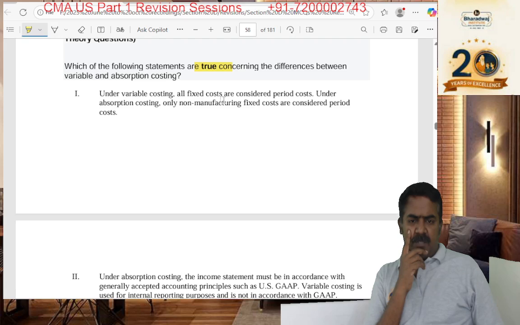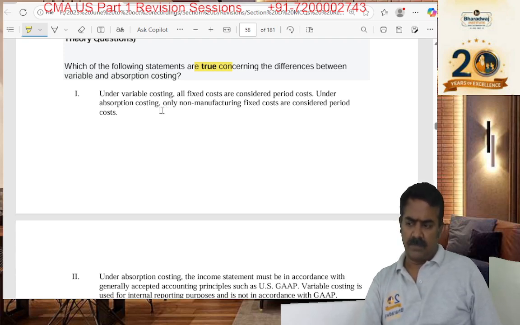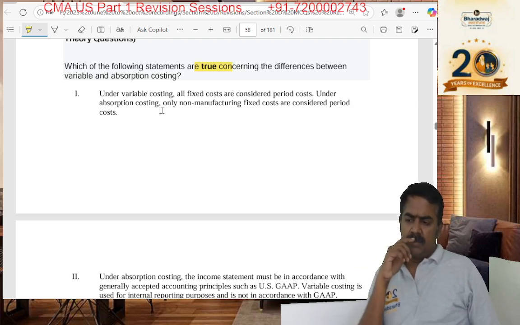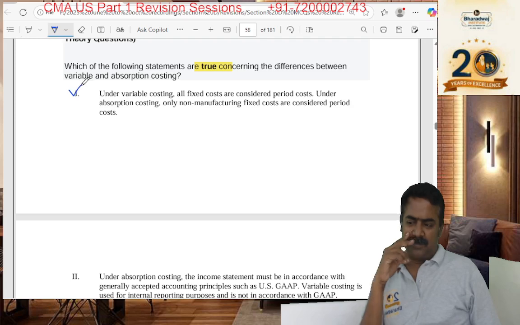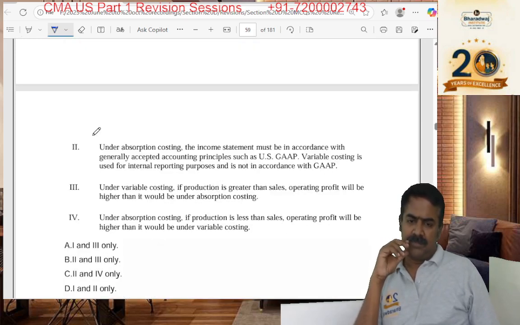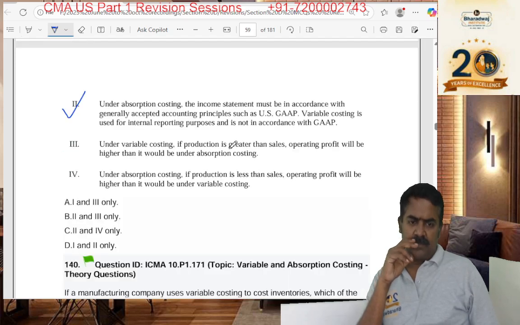Proof concerning difference between variable costing and absorption costing. What is the correct answer? Option C. The first one is correct, and the second is also correct. 1 and 2, sir.